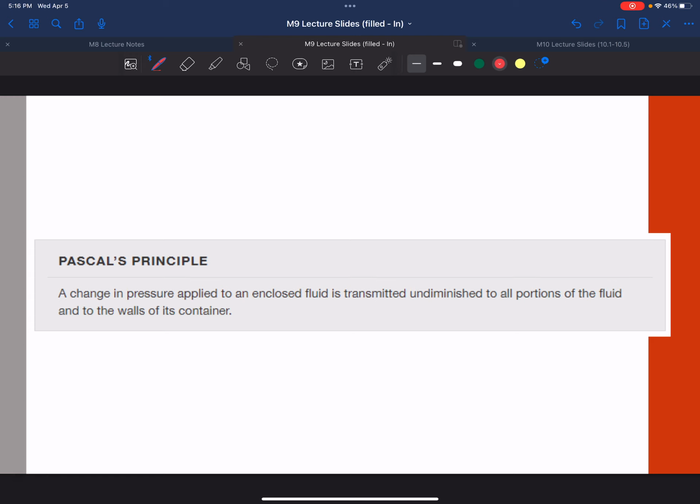Pascal's principle lets us discuss how changes in pressure affect a fluid in an enclosed space.